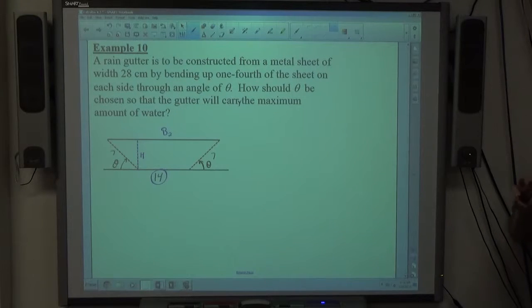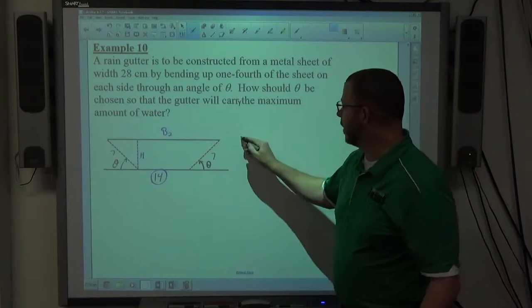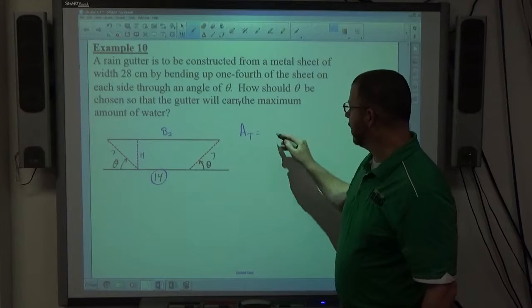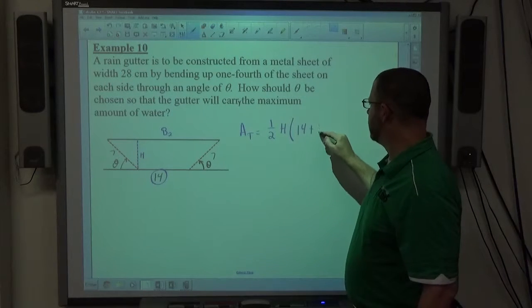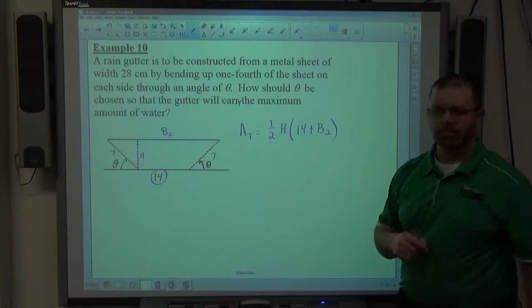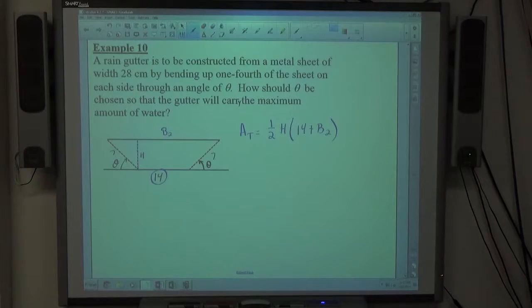Those are the area components for a trapezoid. The area of the trapezoid is going to be 1/2 the height times base 1 plus base 2. That's the area formula. Always for a trapezoid, half the height times the sum of the bases.